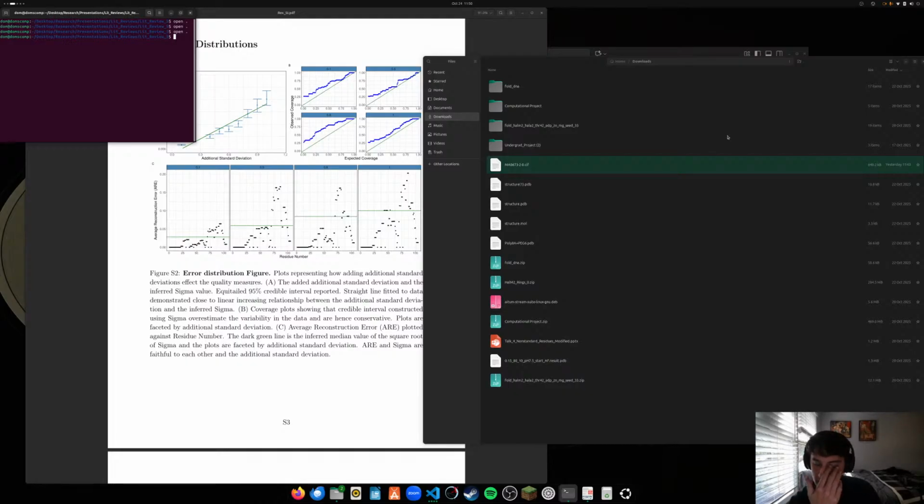Calculating highly localized protein stabilities. What was this? October 23rd, literally yesterday. Where were we at?